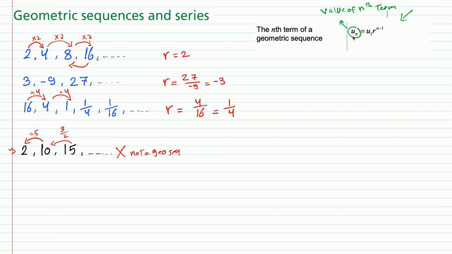N only is the number of the term. U1 is the first term, and R is the common ratio.